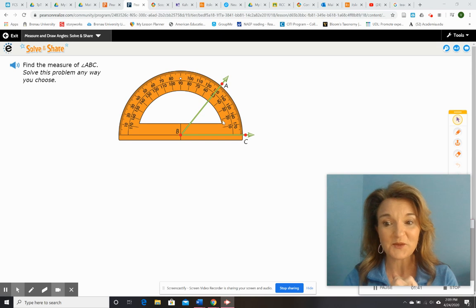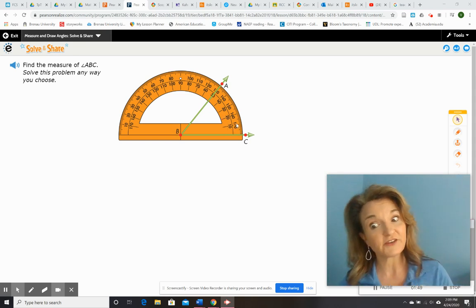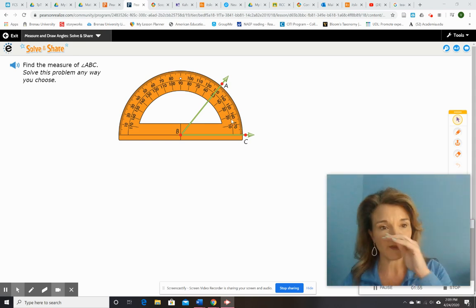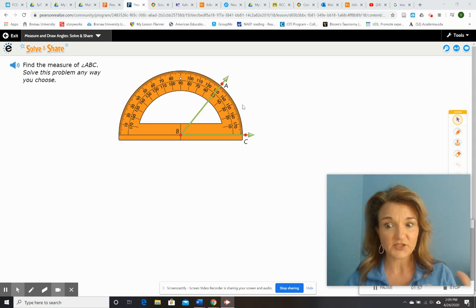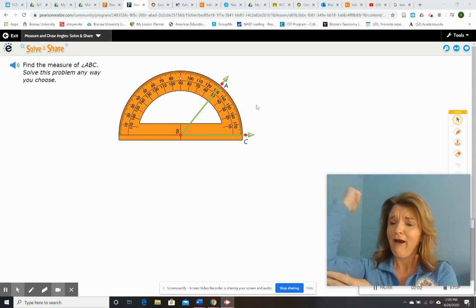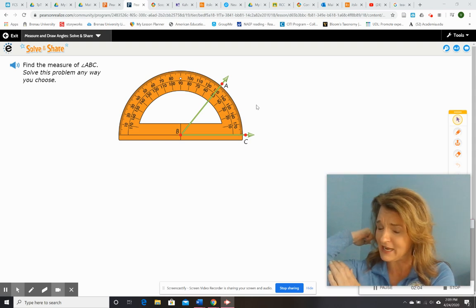So when I'm using a protractor, I have to determine whether I'm going to use the degree found on the inner circle or on the outer circle. Before you even put a protractor onto a measurement, you have to stop and ask yourself: there are three key angles. There's the acute angle, how cute is that angle?